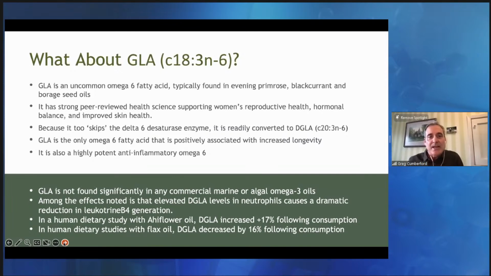What about GLA for its part? GLA is not so common in the diet. It's typically found in only a few botanically derived sources. But it has a long history of literature supporting anti-inflammatory benefits to things like women's reproductive health, hormonal balance, and skin health.